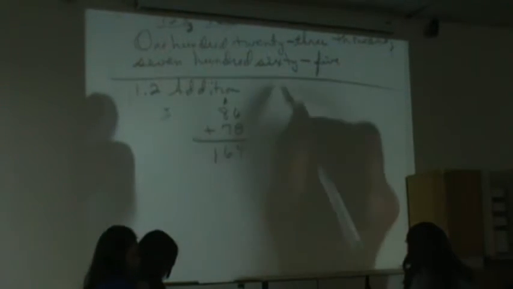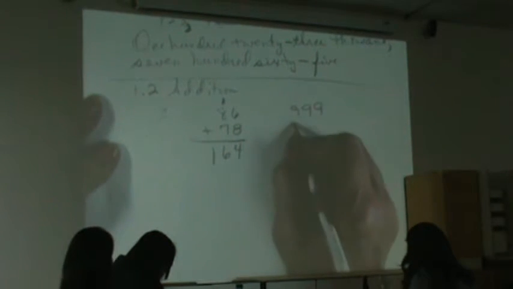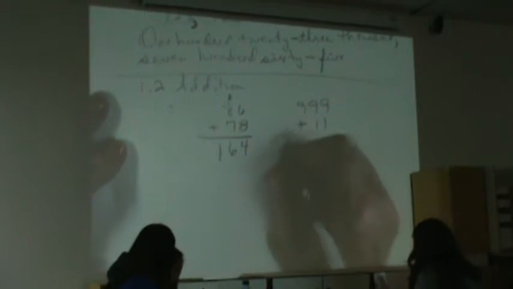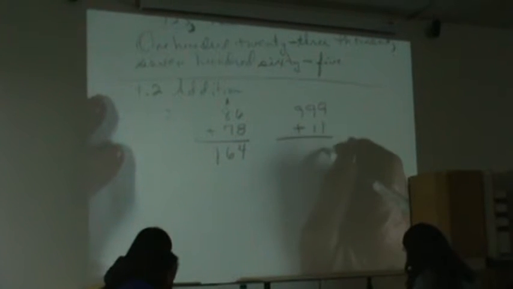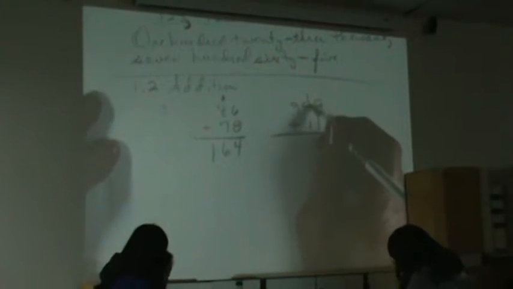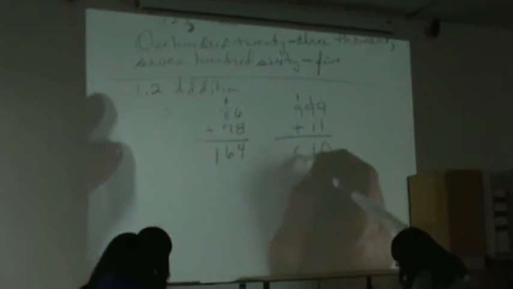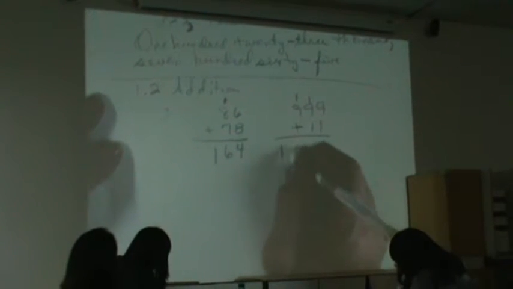Okay, 8, 9, 7 is 16. You don't have to carry like that. This one you can just write down there. But if it's one where it carries to a number, make sure you show that. Okay, so like if you did number 8, it's 999 plus 11. 9 and 1, 10, 9, 10, 11. 9 and 1, 10. You don't have to do that one.